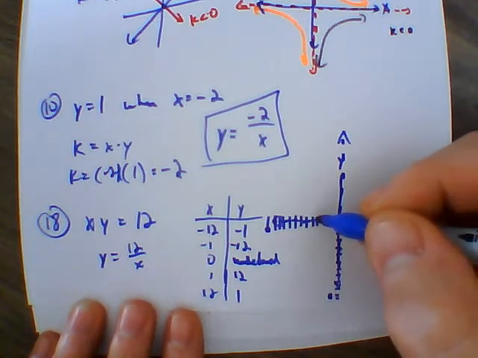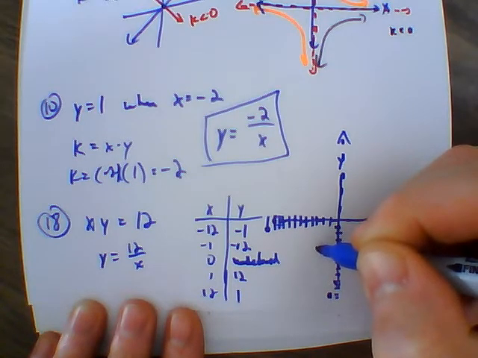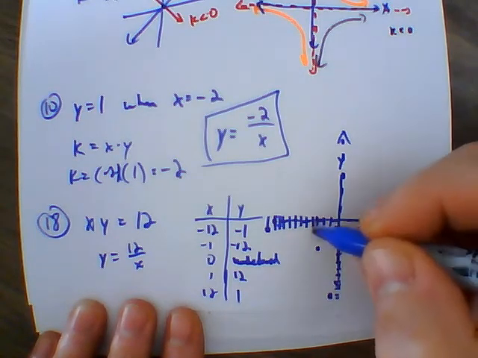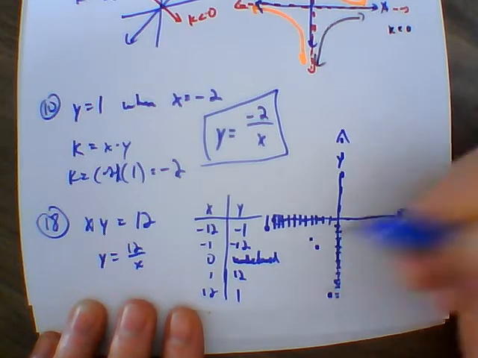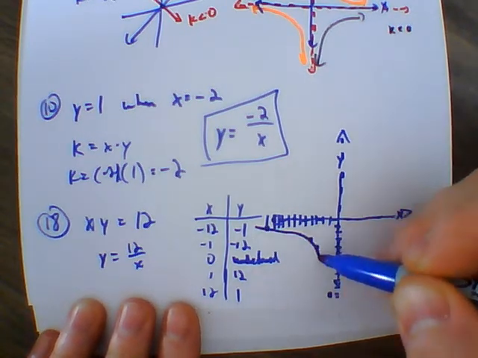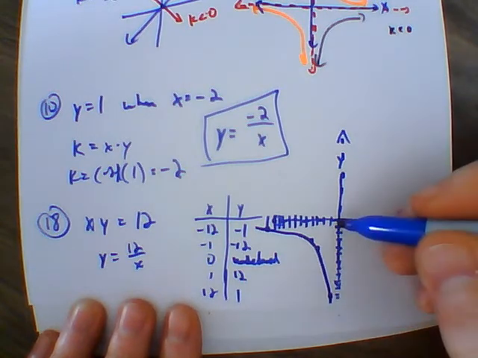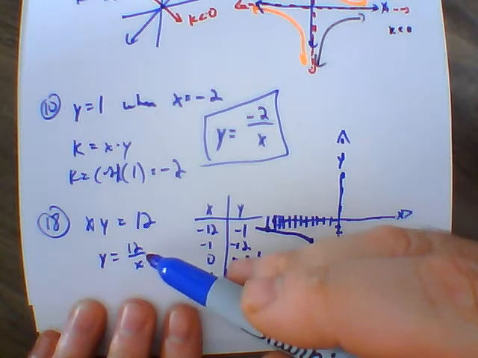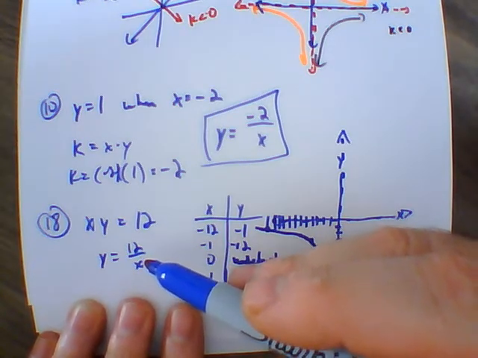If I put in a negative 3 here, a negative 3 would give me a negative 4. If I put in a negative 4, I see a negative 3. So we're seeing that we're getting this curve. Now, something to be thinking about. If I picked a number in between 0 and negative 1, took 12 divided by, let's say, negative 1/2.